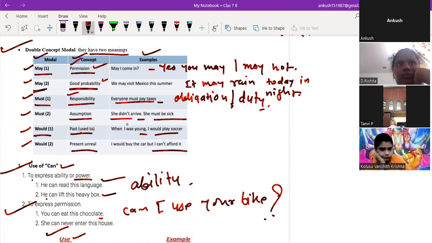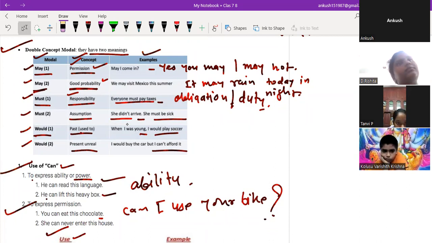You are not predicting, but just making an assumption. For example, about your friend: Prapti must have missed her school bus, so she did not come to school. This is your assumption. Are you getting it better?